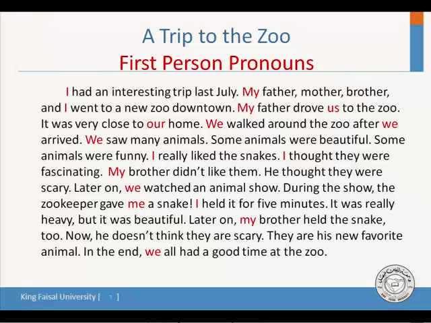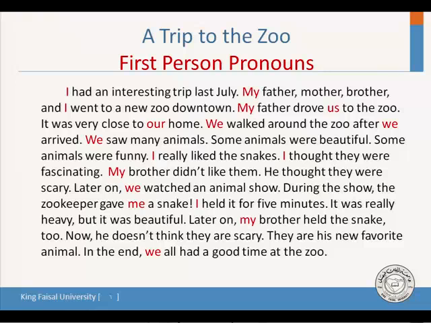But again, it refers to the snake. It was beautiful. Later on, my brother held the snake too. To hold means to hold something in your hands. Now he doesn't think they are scary.